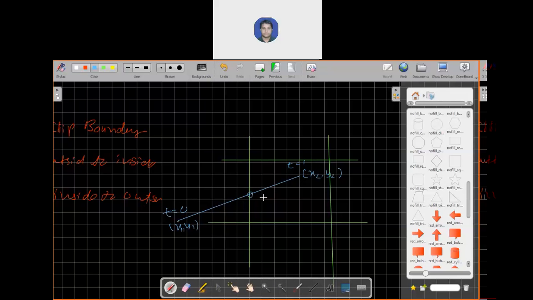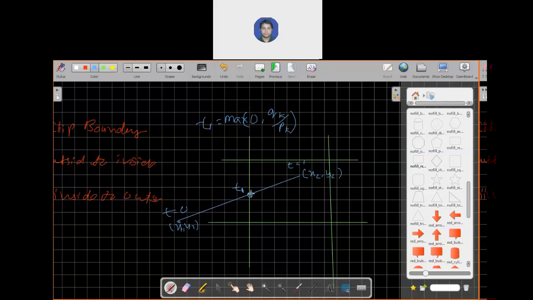When you reach this intersect point, let's consider it's at t1. So the value of t1 is the maximum of 0 or qk by pk. It means t is changing, from 0 we have reached t1.